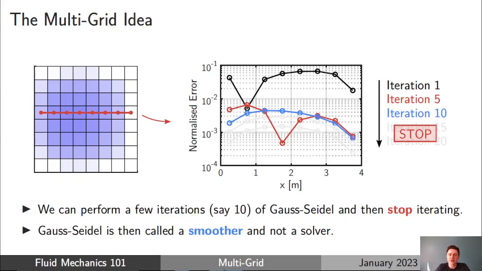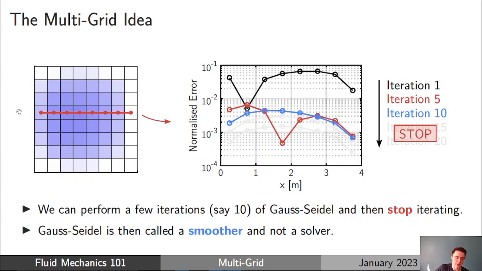So how do these two ideas combine together into the multigrid method? Well, if we think back to the variation of our error field in our example problem, what we would do for the multigrid method is start off with a few iterations of the Gauss-Seidel algorithm. In this example, we may decide to do 10 iterations.